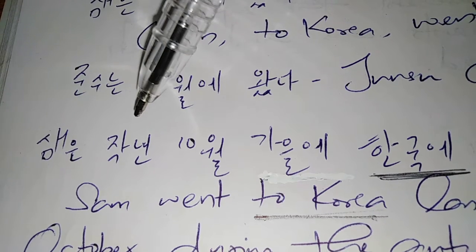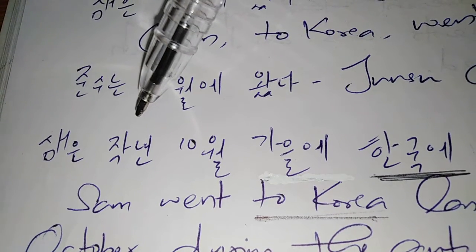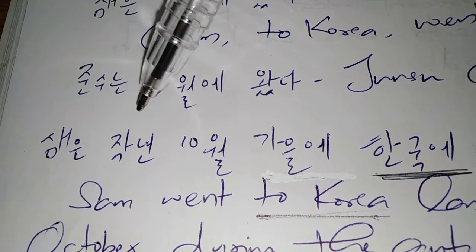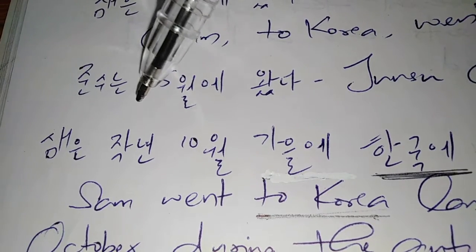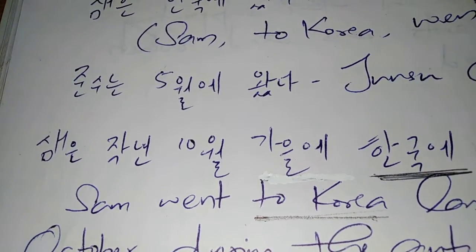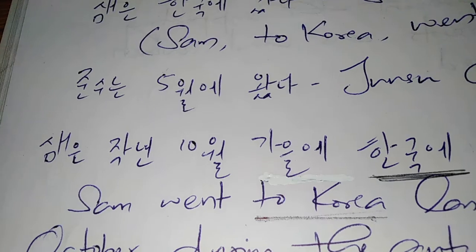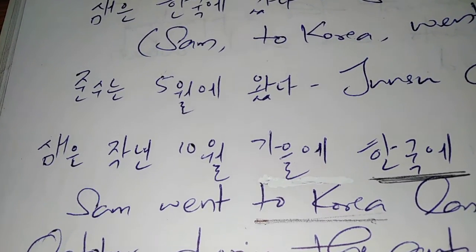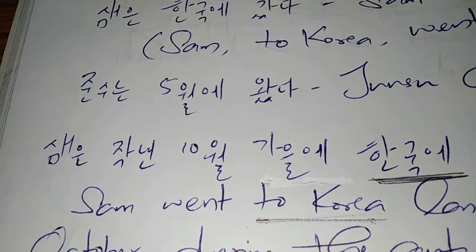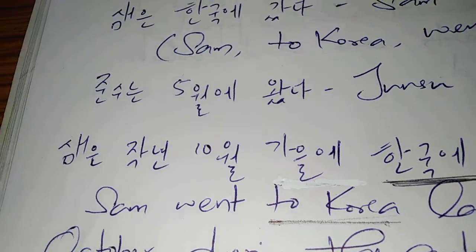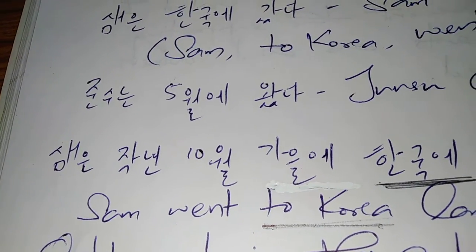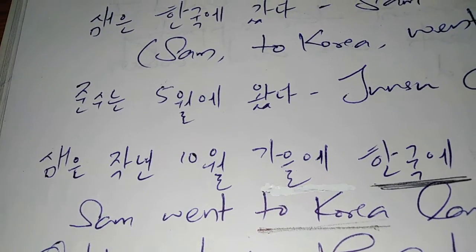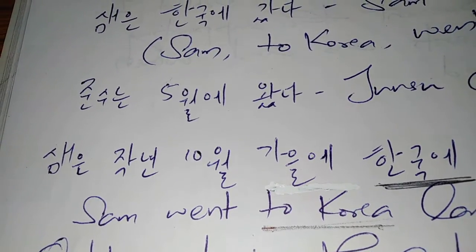So suppose you are saying year 2022. So you would say 2022년. See, you can see that 년 is coming there at the last. 이 means 2. 천 means 1000. Once again, 이 is coming. 2020.